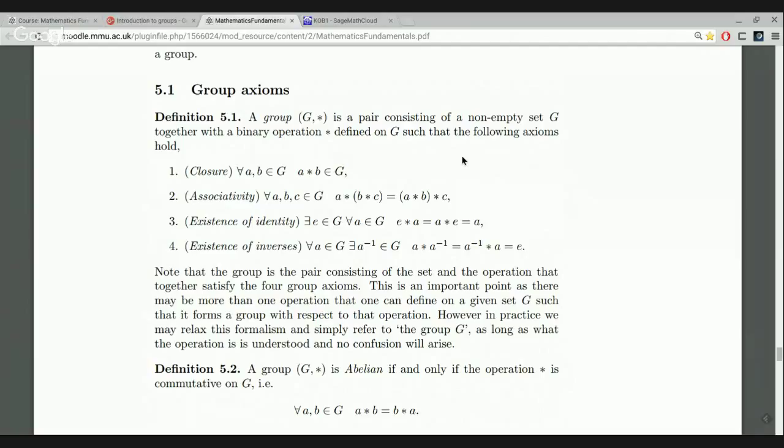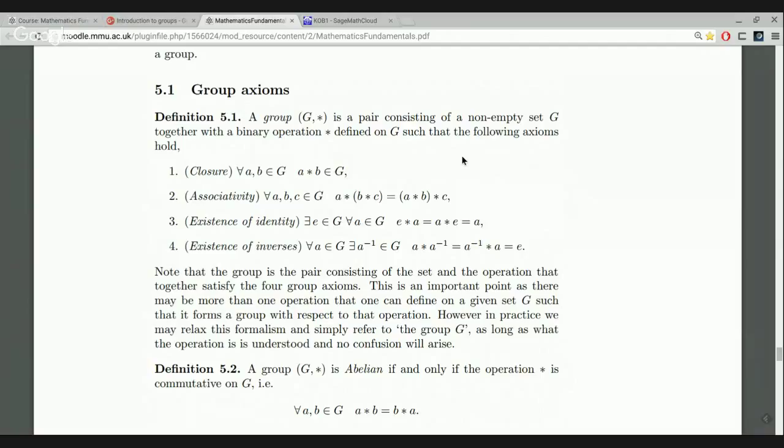Now, what that means exactly is contained in these 4 group axioms, or 4 parts of the definition of a group. So a group is the set, together with the operation on it, because you could have the same set with many different operations. You could have many different groups on the same base set, so to speak. But it's a set and an operation which satisfies these 4 properties.